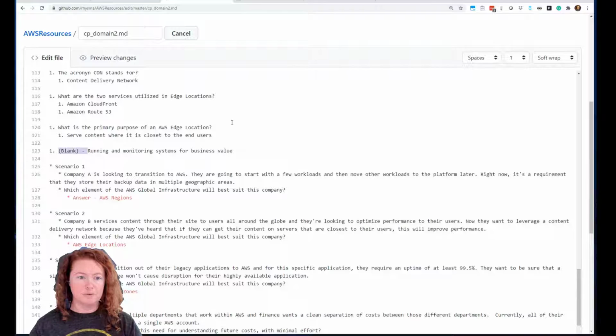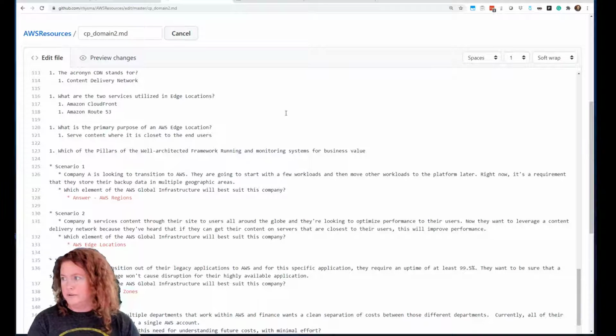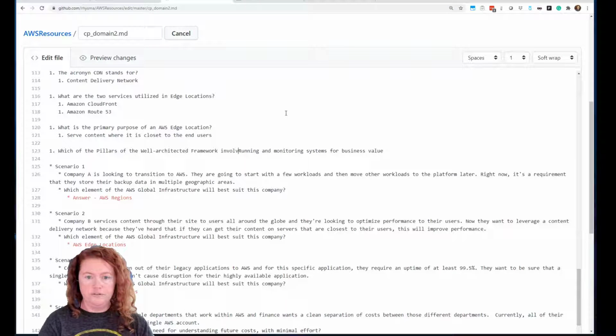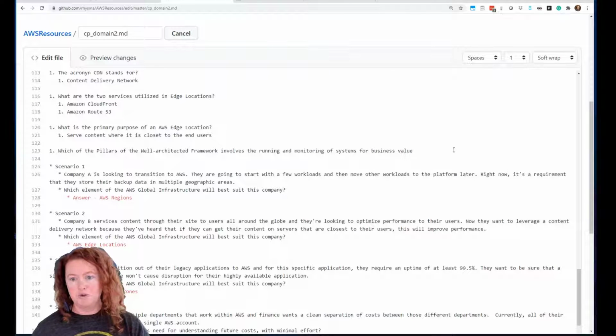Let's reword them into a question. Which of the pillars of the Well-Architected Framework involves the running and monitoring of systems for business value?